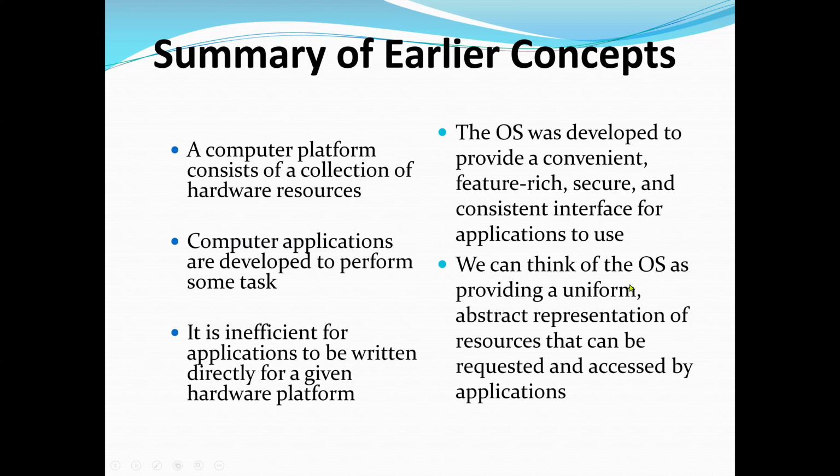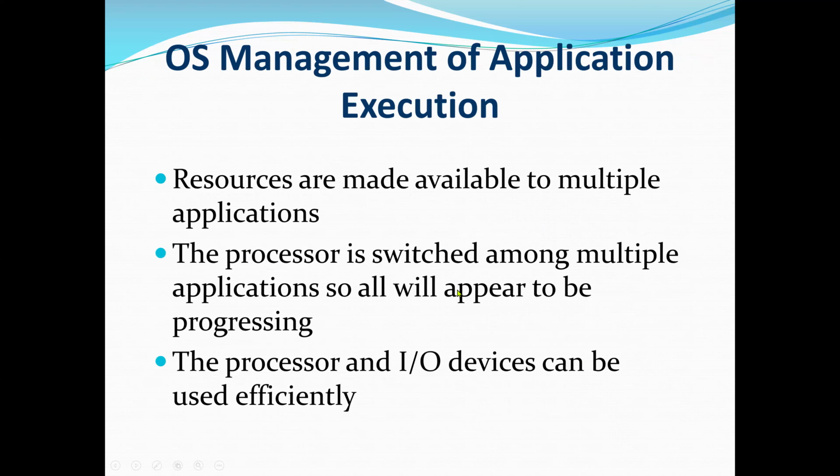So we can think of an operating system as providing a uniform, abstract representation of resources that can be requested and accessed by applications. Also, the operating system was developed to provide a convenient, feature-rich, secure, and consistent interface for the applications to use. It is very rare, and very complex, to develop a computer application that will interact directly with the computer hardware.